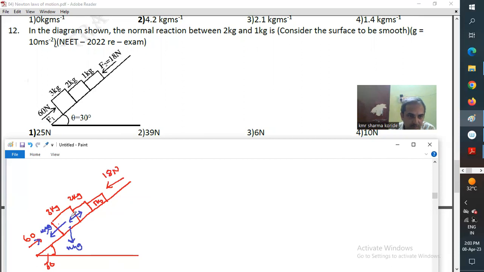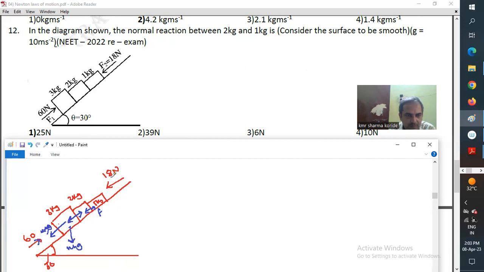Contact force 2 kg, but contact force opposes. Next step, 3 kg. Then here contact force favors 1 kg, contact force opposes 2 kg. So therefore, we are going to find out normal reaction with contact force between 2 kg and 1 kg. Okay, so let us try to find out.